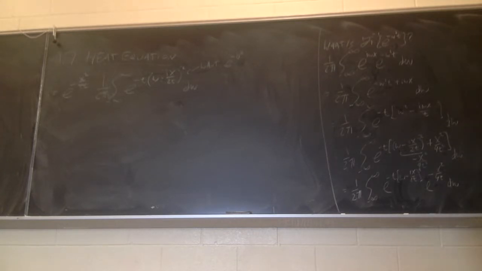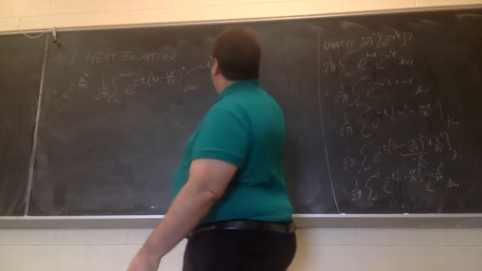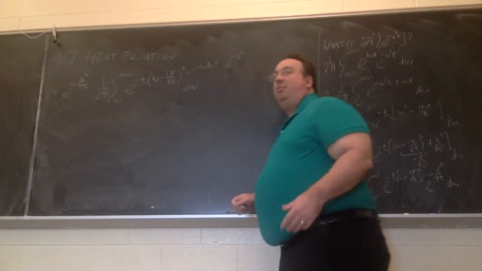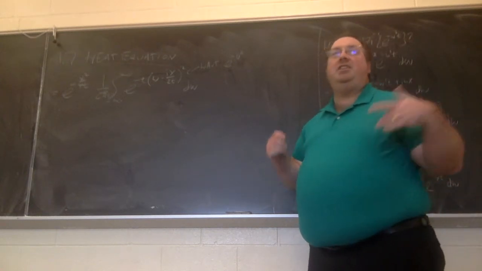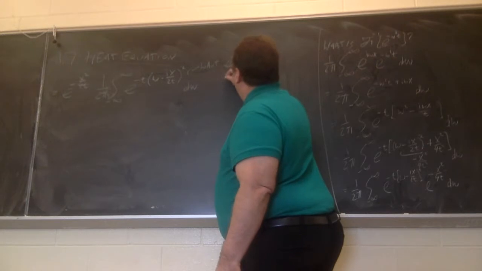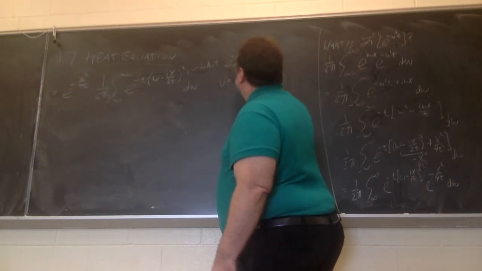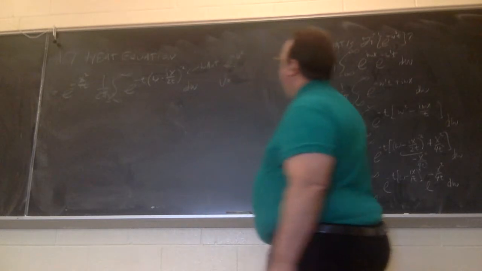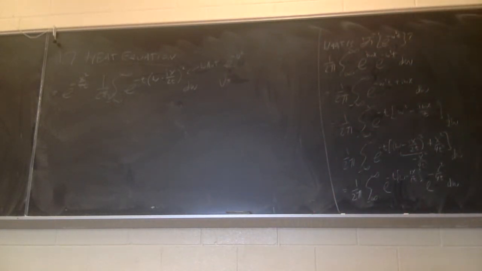So I'm going to match what I want to what I have, and that'll tell me what u is. And I'm going to make a u substitution. So good old Cal 2. If I want this exponential to become this exponential, what should u be?